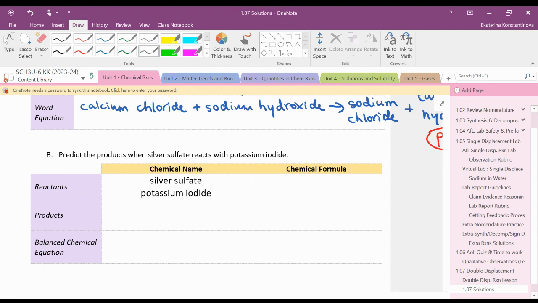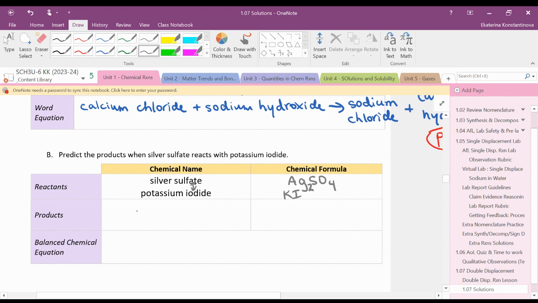So I have silver sulfate, okay, AgSO4. Okay, check your charges. Sulfate has a charge of 2 minus, so it's Ag2SO4, and potassium iodide, so KI. Now the products, again, either swap your metals or non-metals. This time I'm going to show you how to just swap your anions.